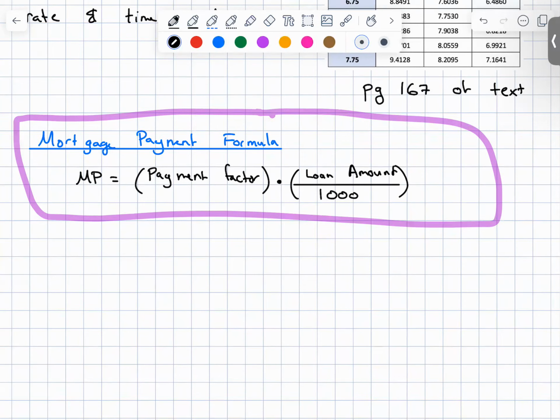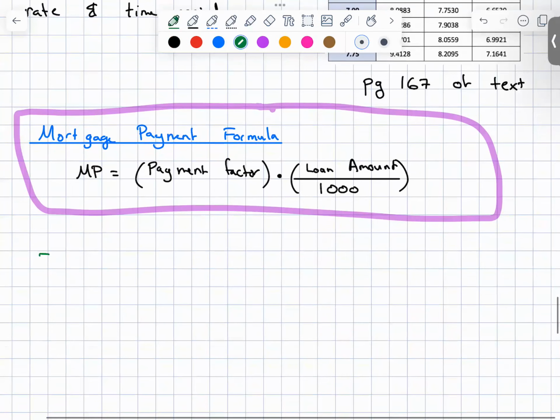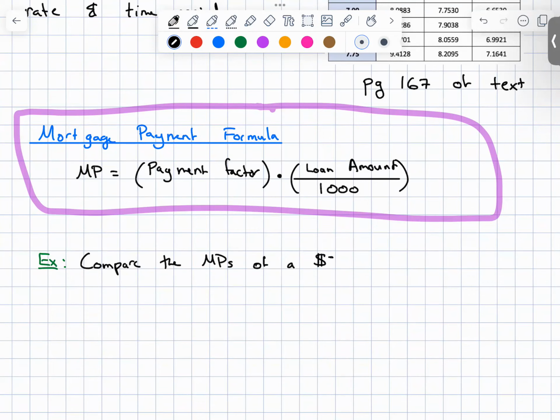So, example. Compare the MPs, the monthly payments, of a $375,000 loan with the following conditions.